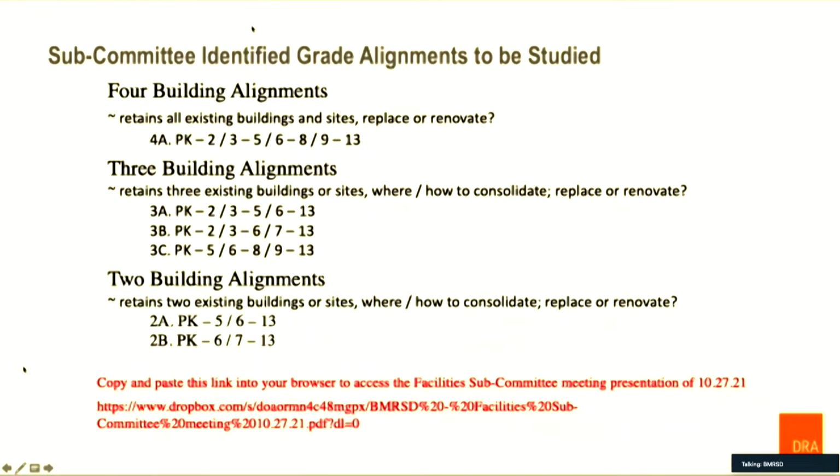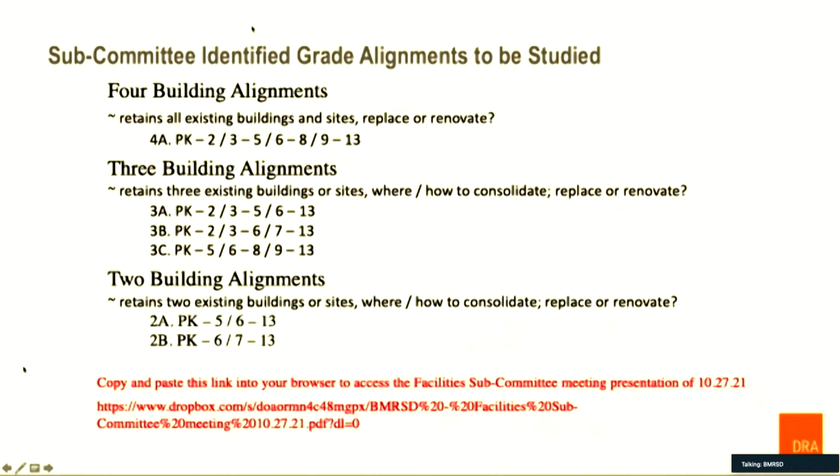The configuration names are fairly self-explanatory. It's 4 buildings as 4s, 3s as 3s, and 2s as 2s. And we did the 4 building alignment because it's simply what you own now. It's what you're running now.